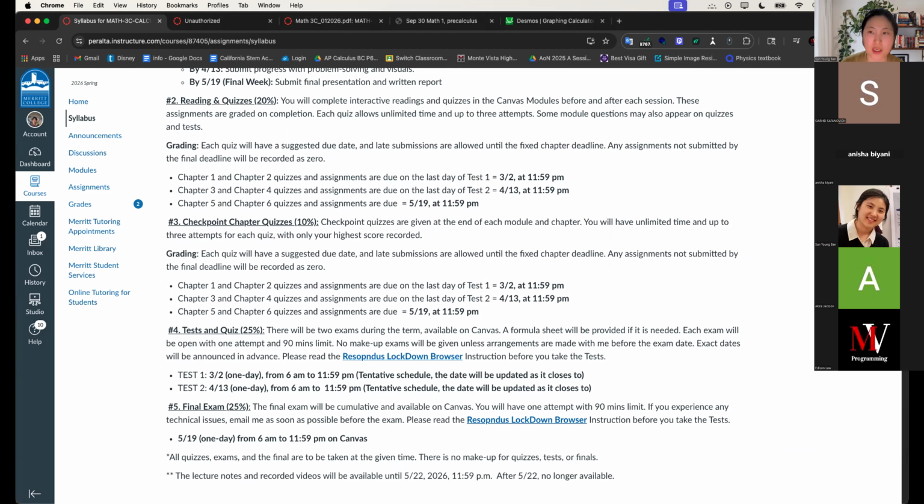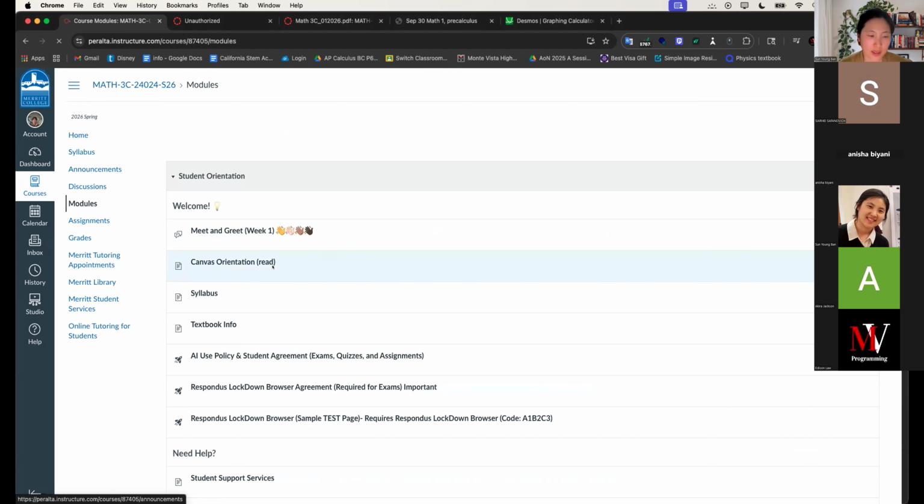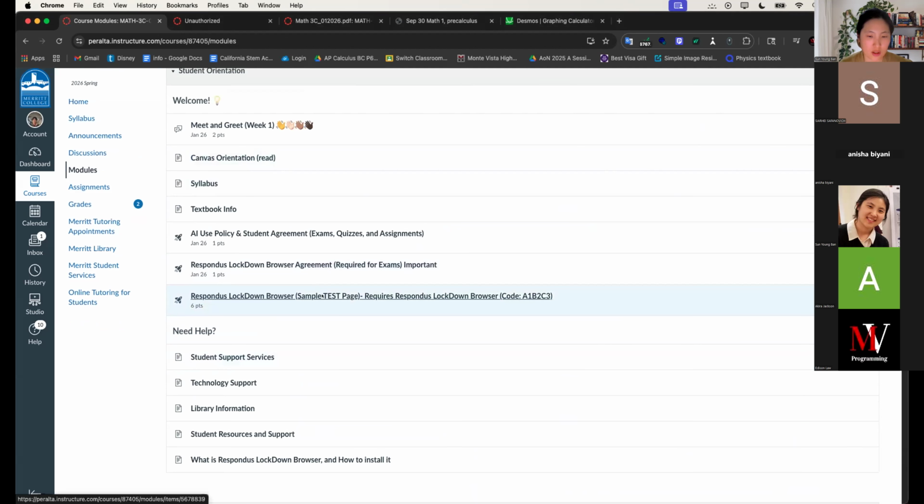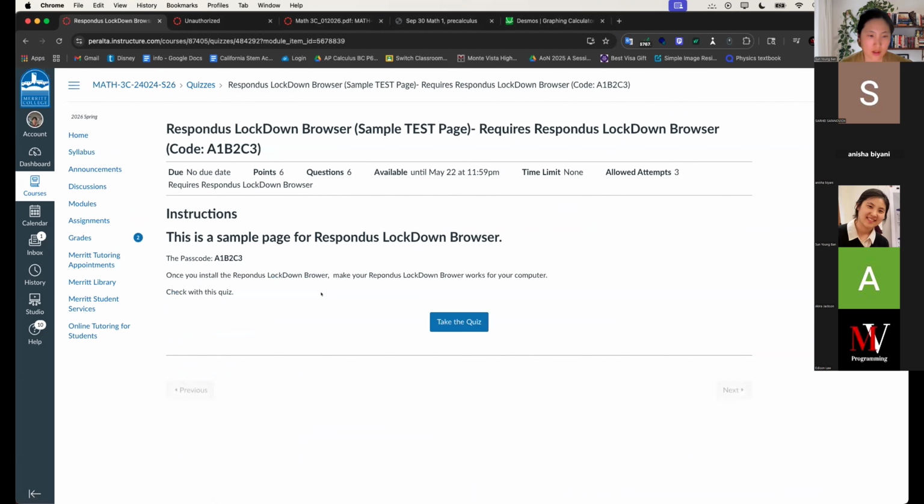That's what I'm helping other students with. Can you go to Modules? And then go down. There's a lockdown browser sample test page. Then take the quiz.